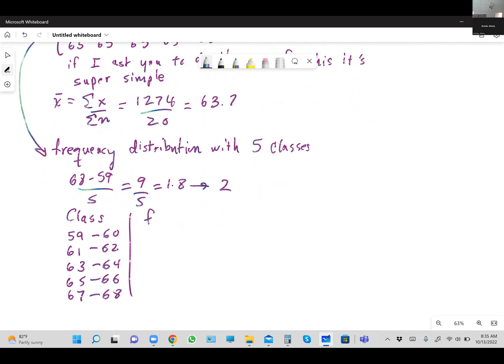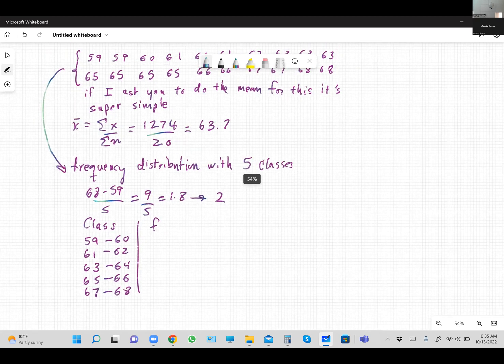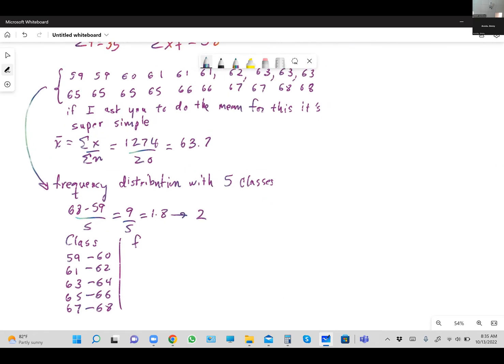Our frequencies are from 59 to 60, we have 3. From 61 to 62, we have 4. From 63 to 64, 1, 2, 3, 3 more. From 65 to 66, we have 1, 2, 3, 4, 5. And from 67 to 68, we have 4.